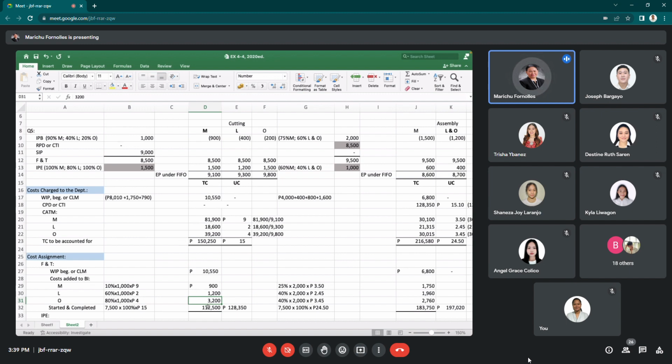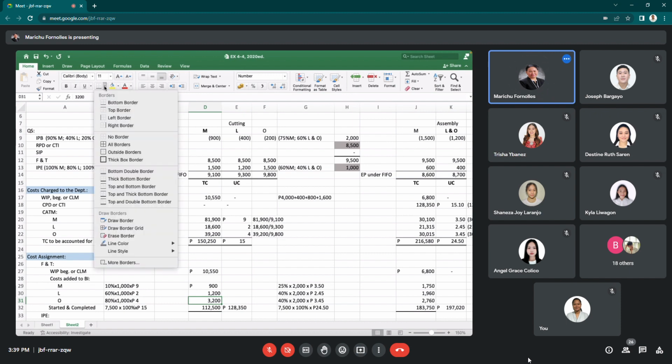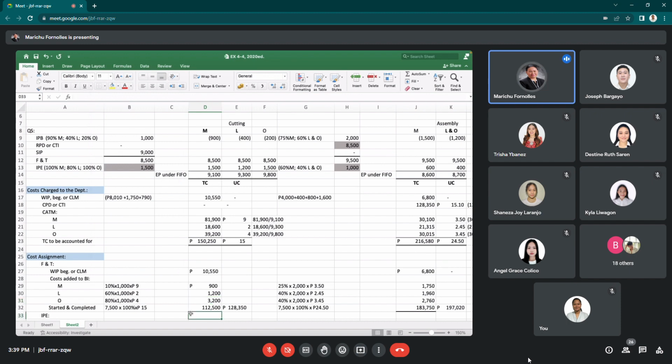Okay, next would be the started and completed. Remember our F&T is 8,500 units, of which the 1,000 units were started last month.